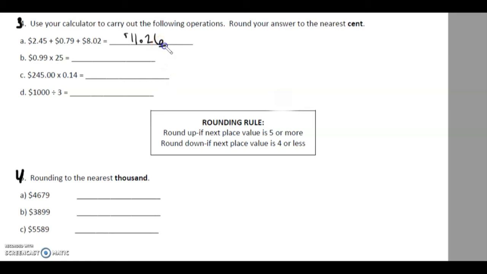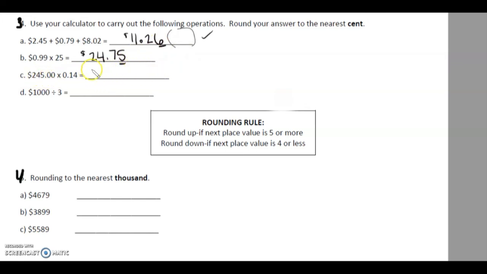And that's already the nearest cent because we have nothing on the right of it. So that one's done. Okay, 0.99 times 25. If we put this into our calculators, we're going to get 24.75. Again, this is already the nearest cent. We have nothing on the right-hand side of it. So really just reinforcing, if there's nothing on the right-hand side, we leave it.